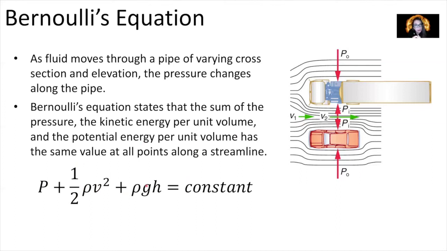If all this stuff still has to equal a constant, a number that does not change, and v squared goes up, and assuming everything's happening at the same level above the ground so this quantity here is unchanging, then the pressure has to go down in order for the sum of everything here to equal a constant number that is unchanging.